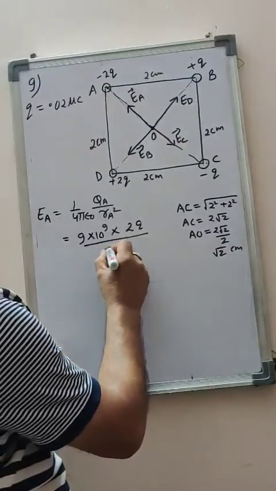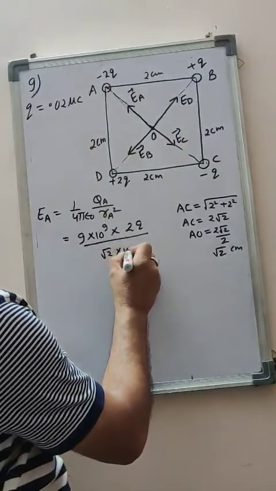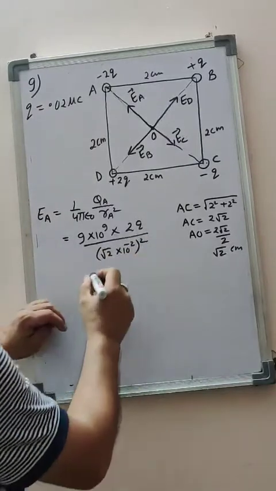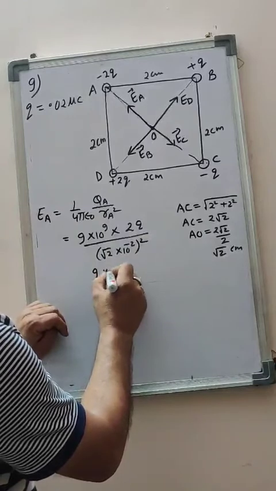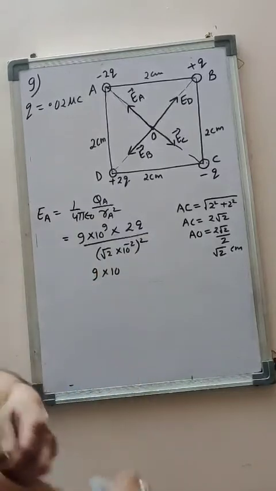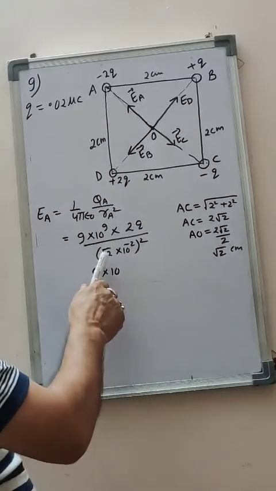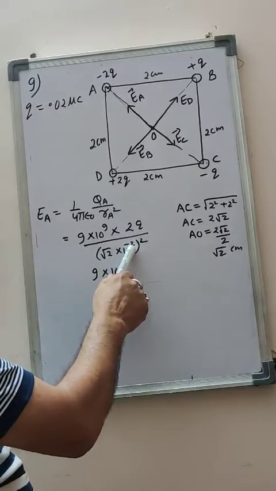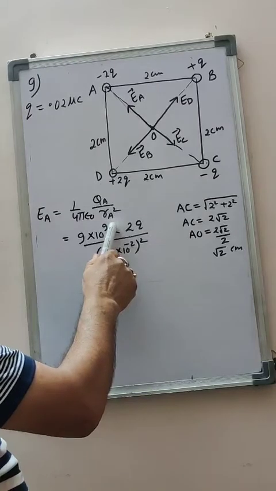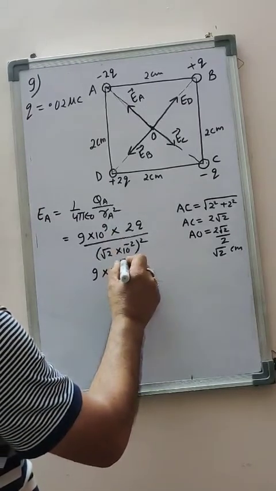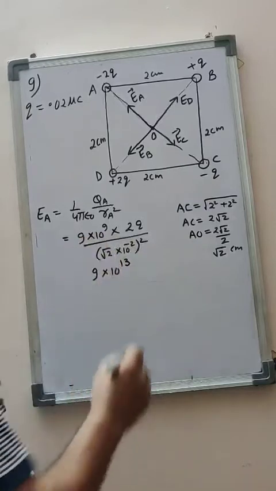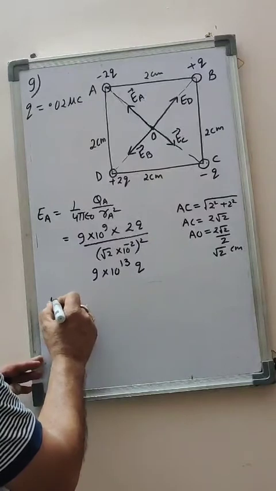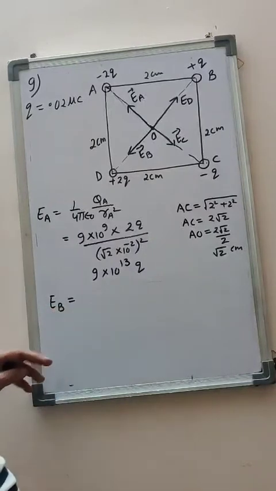So RA will be root 2 into 10 to the power minus 2, whole square. This will be 9 into 10 to the power, root 2 square will cancel this 2. 10 to the power minus 4 goes up, plus 4, 10 to the power 13 Q. Then find out EB.